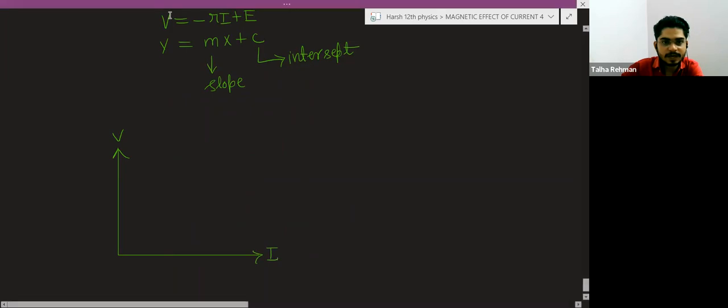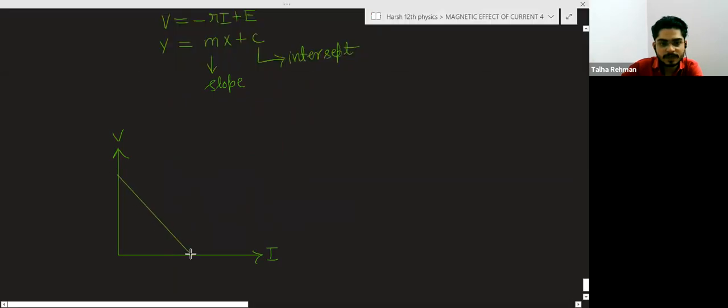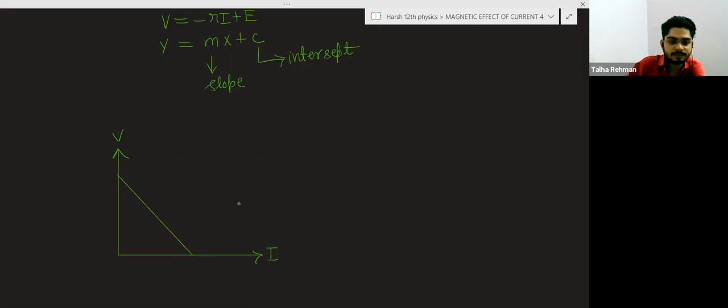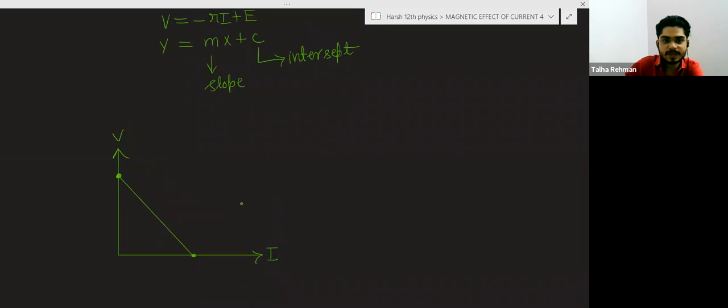You will get a graph having negative slope. The slope will be minus r.